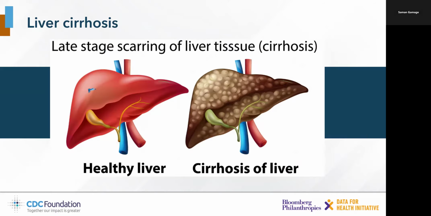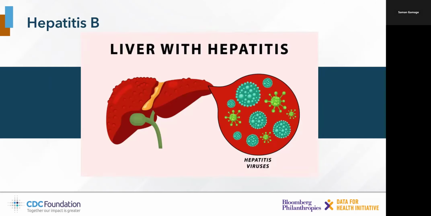Cirrhosis is late stage scarring of liver tissue. You can see two pictures, a healthy liver and a cirrhotic liver. The cirrhotic liver is shrunken and nodular. There's no smooth surface in the cirrhotic liver. Hepatitis B is known to cause liver cirrhosis. So there is a strong relationship between hepatitis B and cirrhosis.